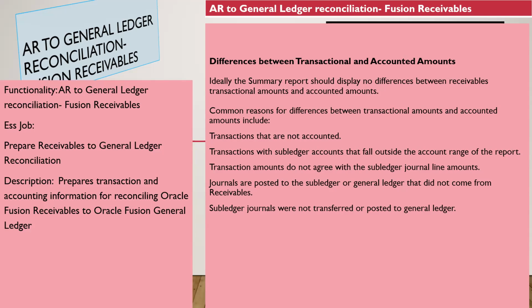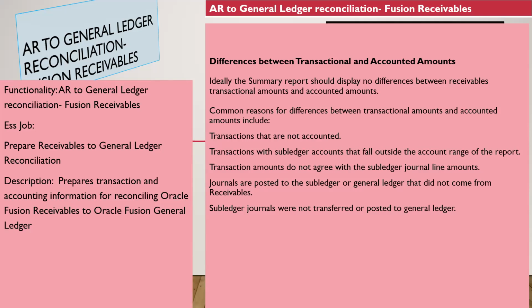And the second thing is, if you look at journals posted to subledger or general ledger that did not come from the receivables. It means that the receivables natural account, which we use for auto accounting when you create transactions, right? So that particular accounting entry may be a mistake, and business users can directly pass entries into the GL module by using the natural account of transactions.